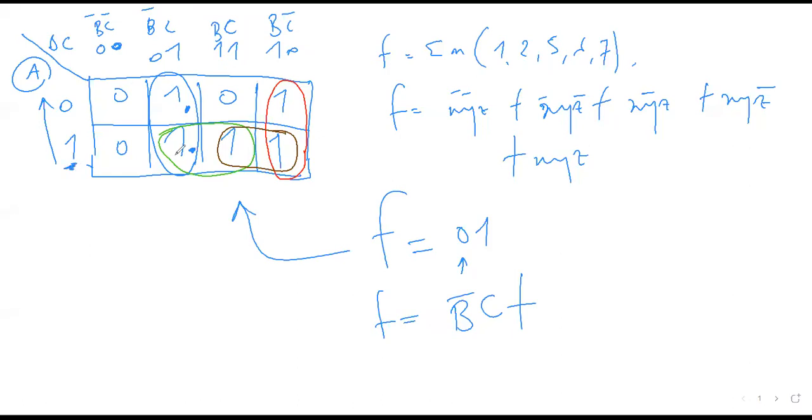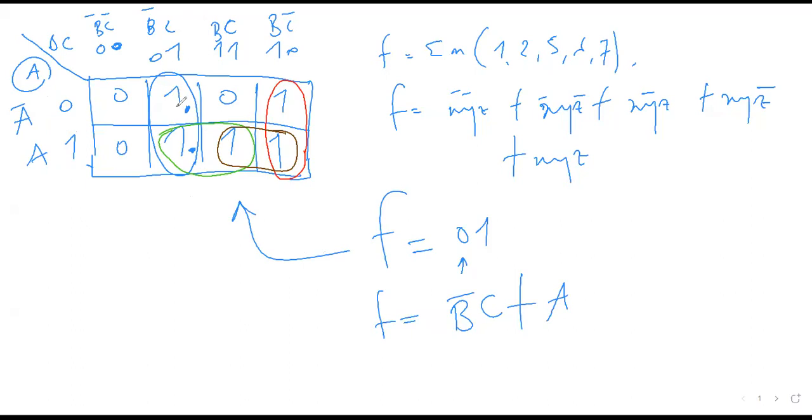True? So we have an A here, and A bar here. On the green group, when we move from this one to this one, A remains constant. So we put our A here.